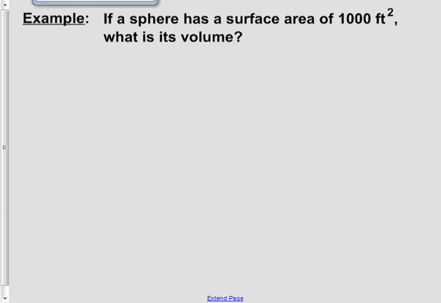If a sphere has a surface area of 1,000 square feet, then what is its volume? Well, once again, we have a formula for surface area, 4 pi r squared, and we know that that surface area equals 1,000 square feet.